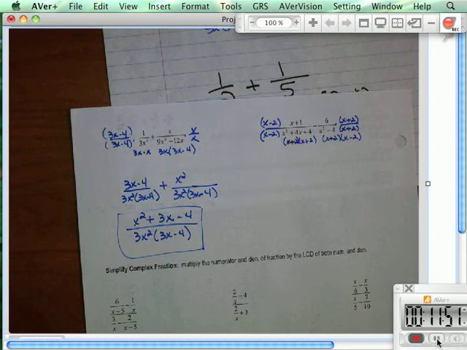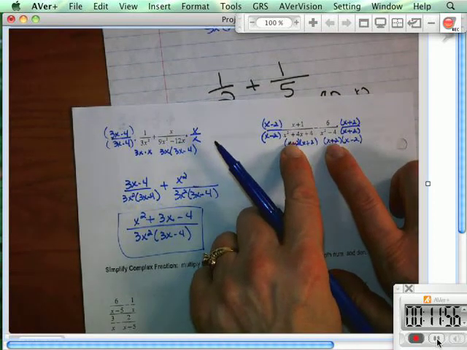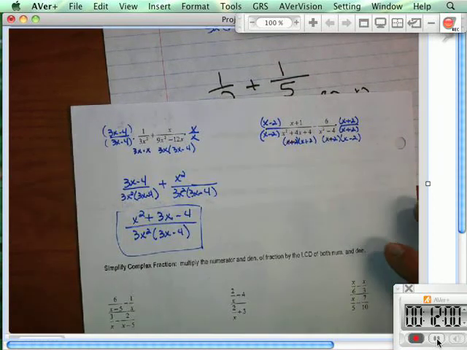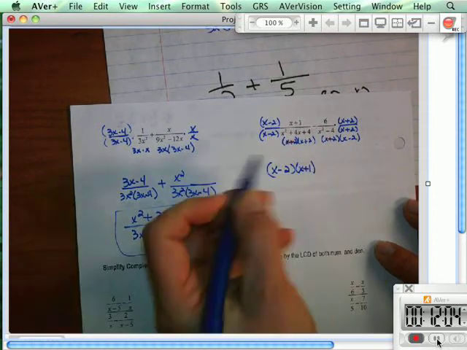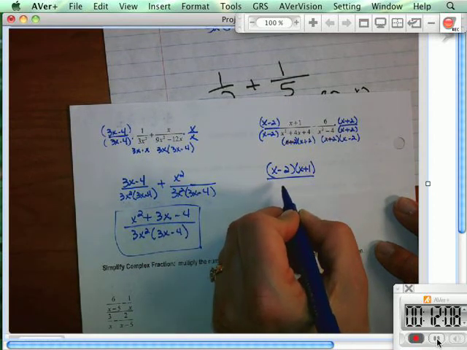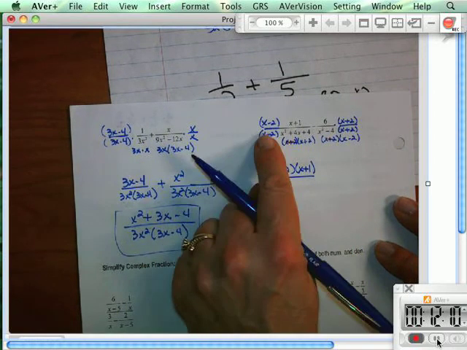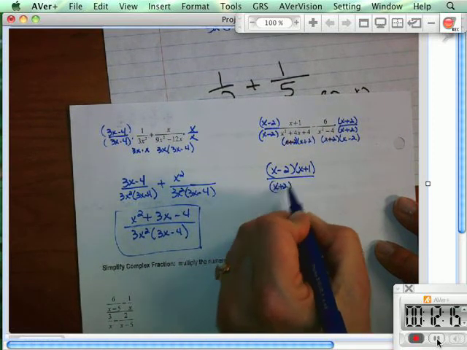I didn't cross them off. I was just doing that to show that they have this in common. That's really all I was doing. Okay. I'll write it out for you. X minus 2 times x plus 1 is the numerator there. And then on the denominator, it's x plus 2 squared times x minus 2.